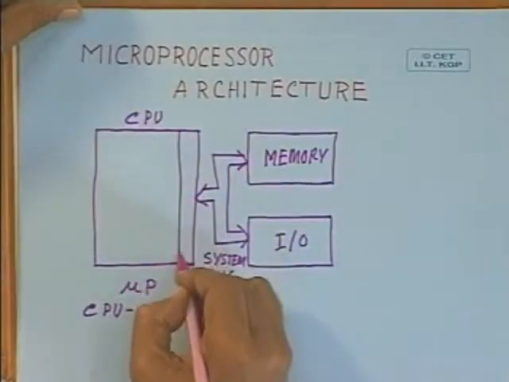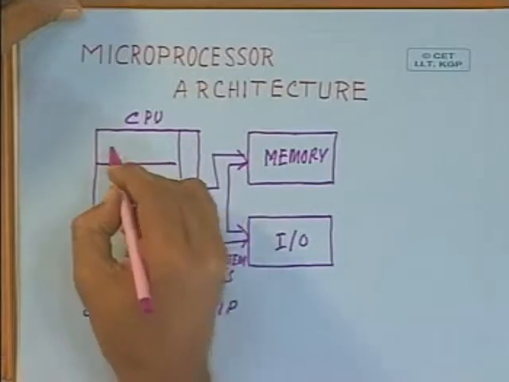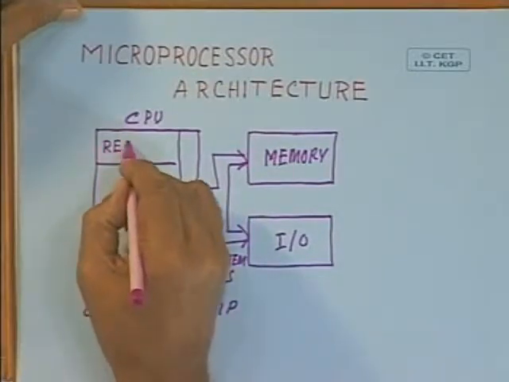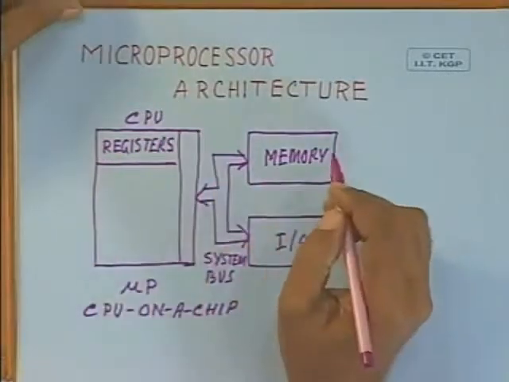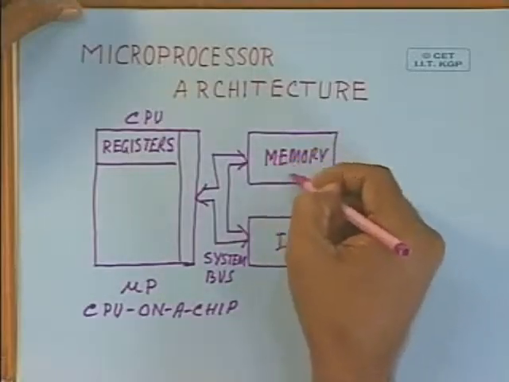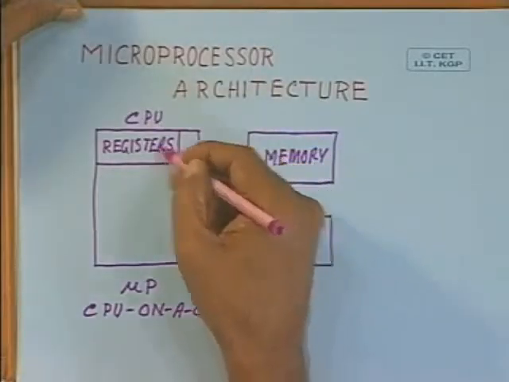Let us have a look at the different components which are present inside the microprocessor. In other words, what are the different subfunctions that are present inside the CPU? You will require a set of registers. As I explained earlier, in the function of a general purpose computer, the instructions and data which are stored in the memory are fetched to the CPU.